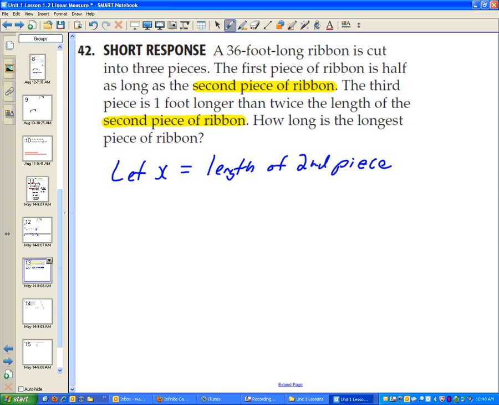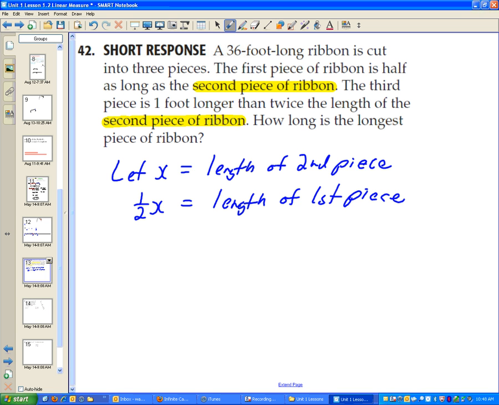So the first piece is half as long as X. How do we write down half of X? Yeah, X divided by 2, I'm just going to do 1/2 X. So that equals the length of the first piece.